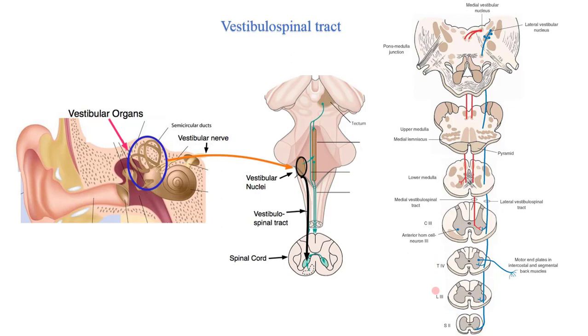These nuclei receive information from the inner ear via the vestibular nerve and some innervation from the cerebellum. The inner ear sends information on the position of the body, so it makes sense that the tract related to it would send motor information to the muscles that are responsible for balance.